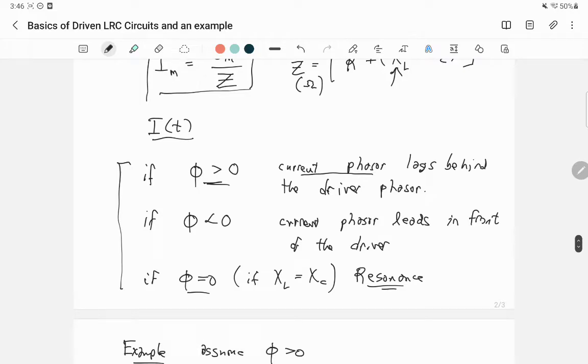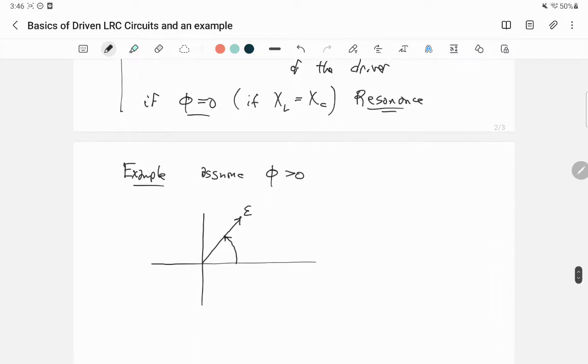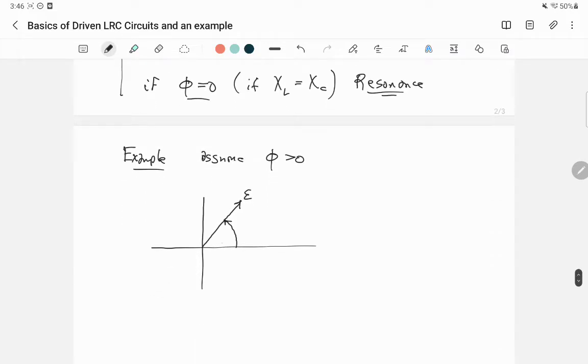If phi is positive, then the phasor that represents the current is going to be behind. So here is the current phasor, and it is behind, because remember that these things grow counterclockwise.